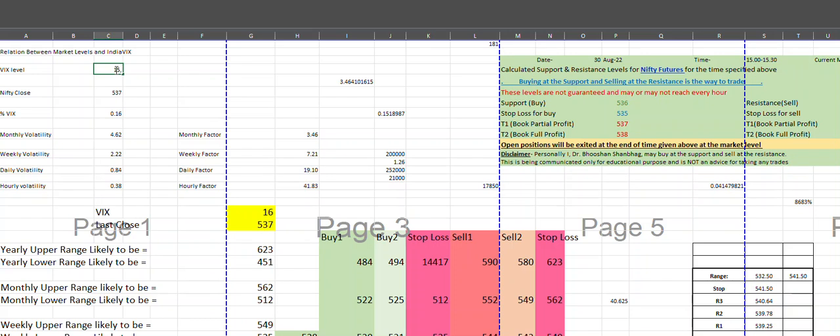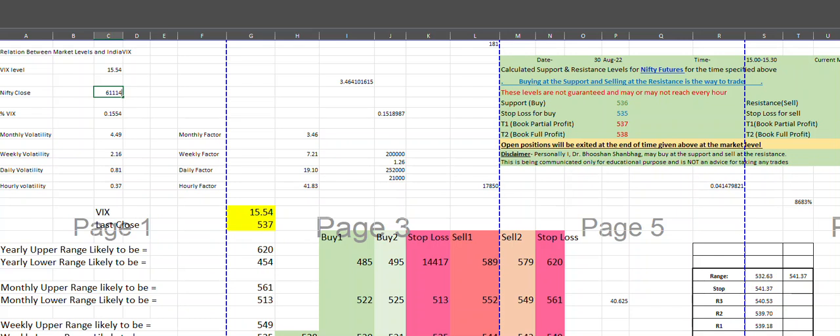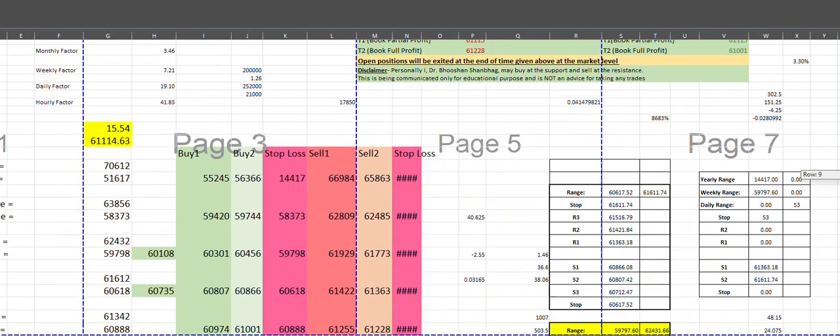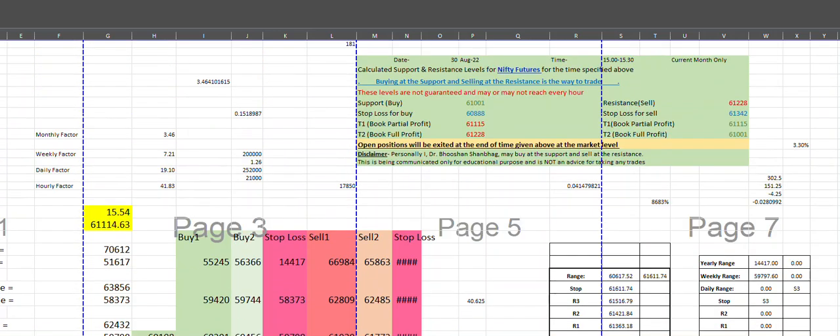This is the custom sheet that we have prepared, and we'll take the volatility and the index number, which is 6114.63. And once we put it in based on our algorithm, we get a daily range for the markets. Now this is a daily range.